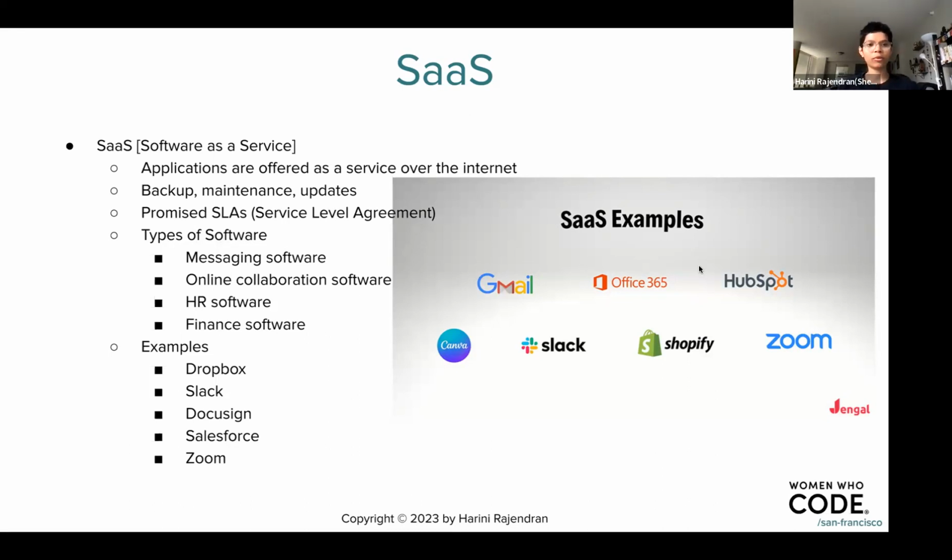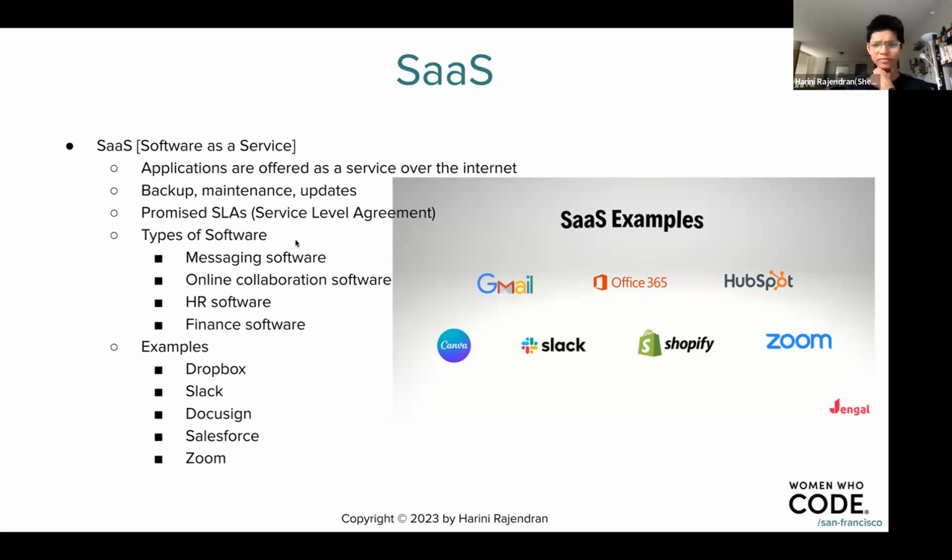You don't have to worry about backing up your emails periodically, or running maintenance of your software. You don't have to worry about updating the software or whatnot. All that is taken care of by the company who is actually hosting and running the service. So all you have to do is just use it. You literally own nothing here.